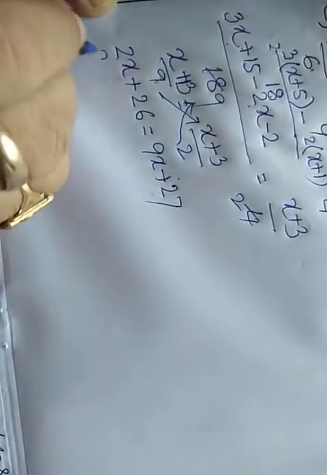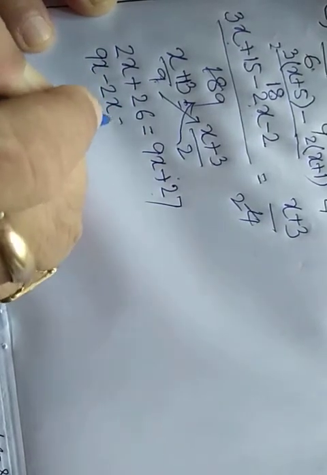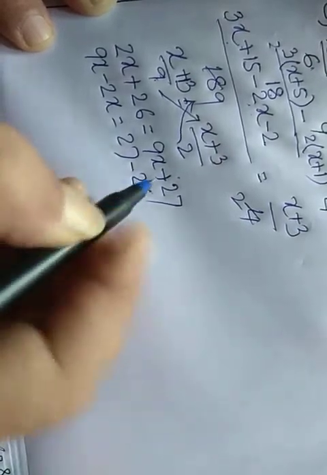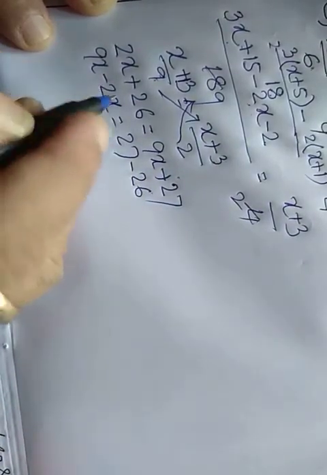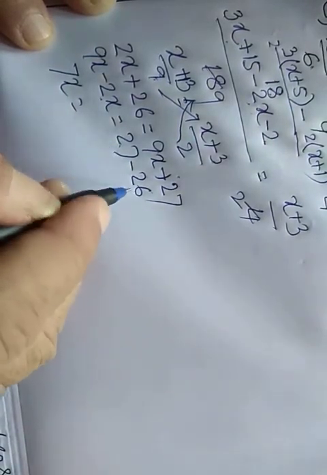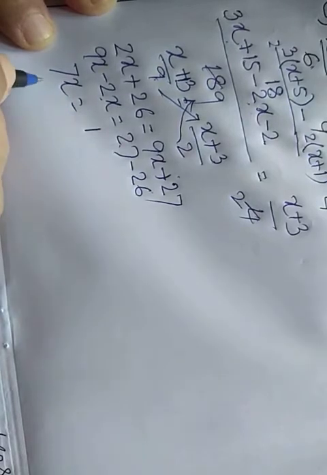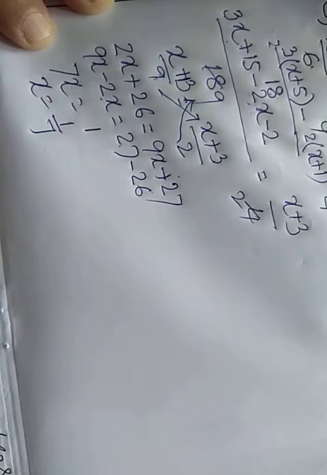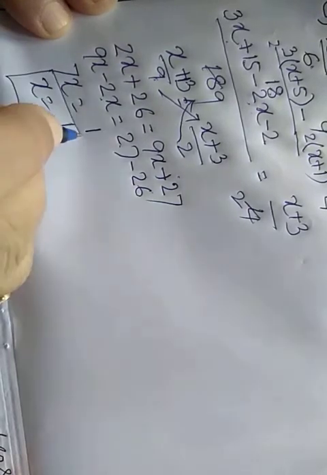So 9x minus 2x is equal to 27 minus 26. 9x minus 2x means 7x is equal to 27 minus 26, how much? 1. Or x is equal to 1 by 7. x is equal to 1 by 7.